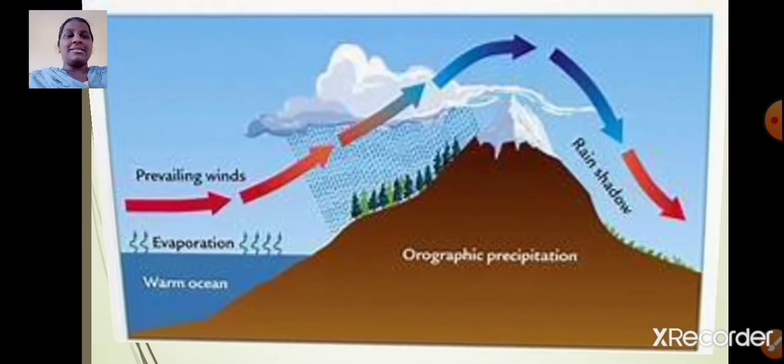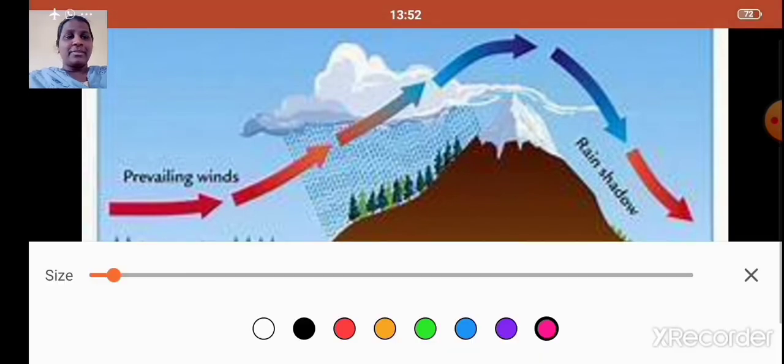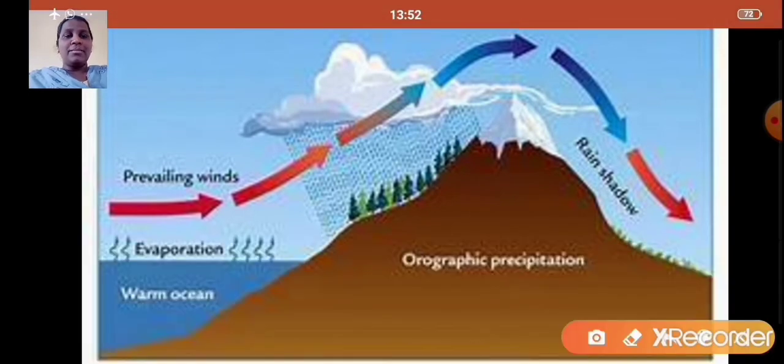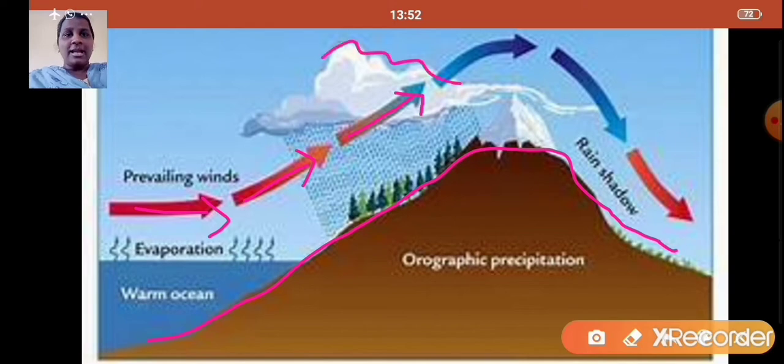Have a look at this diagram, students. Here, the mountain acts as a barrier to airflow, forcing the moist air to rise. It gets cooled, clouds are formed, and finally results in precipitation in the form of rain.